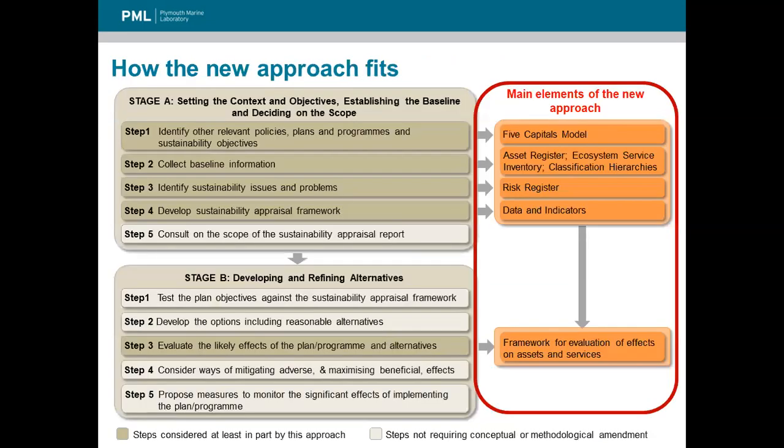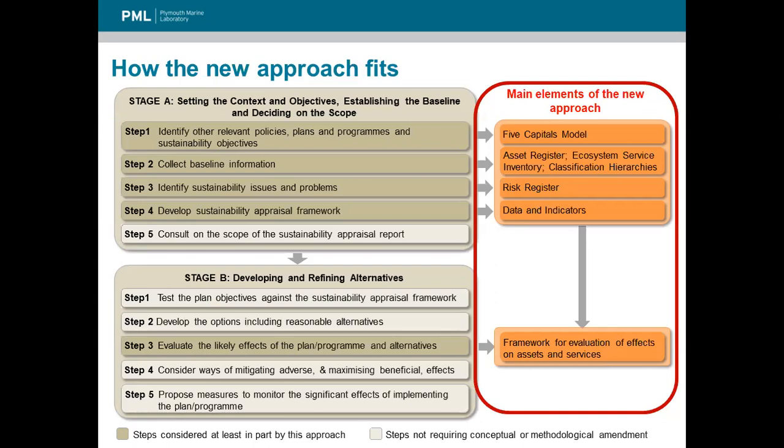So within those two initial stages, there are then some individual steps where we're proposing certain tools or approaches for each one of those. Again, not all of them need changing. There's things within that, for example, again, another consultation step that you don't need to change.